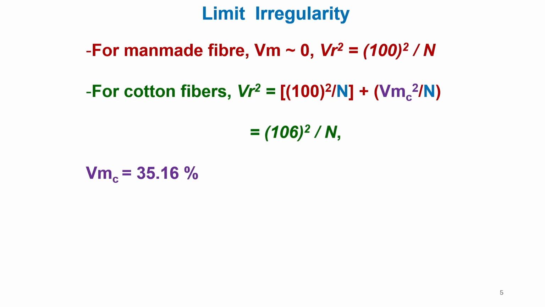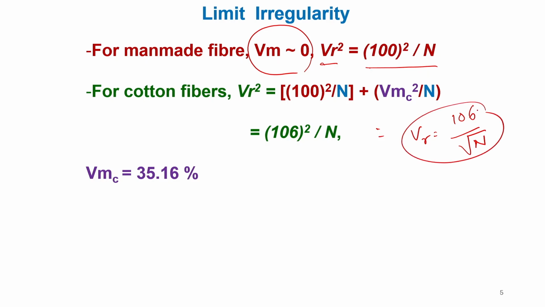So, for man made fiber, as I have mentioned, Vm is 0. So, Vr square is reduced to 100 square by n. For cotton, it is typically around, Vr will be 106 by under root n, okay. Because for cotton the fiber mass per unit length variability is approximately 35%.